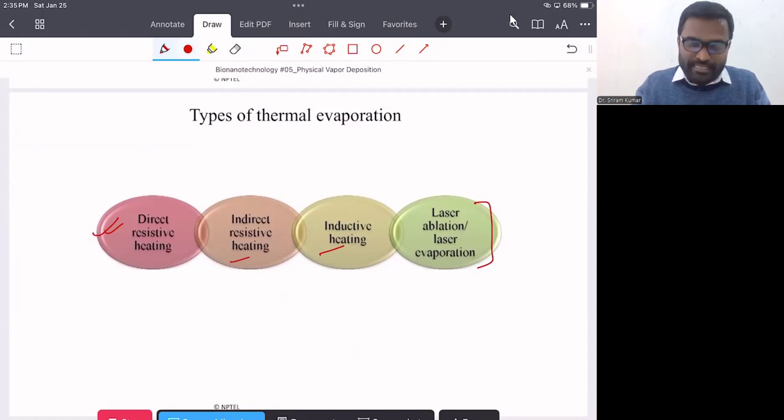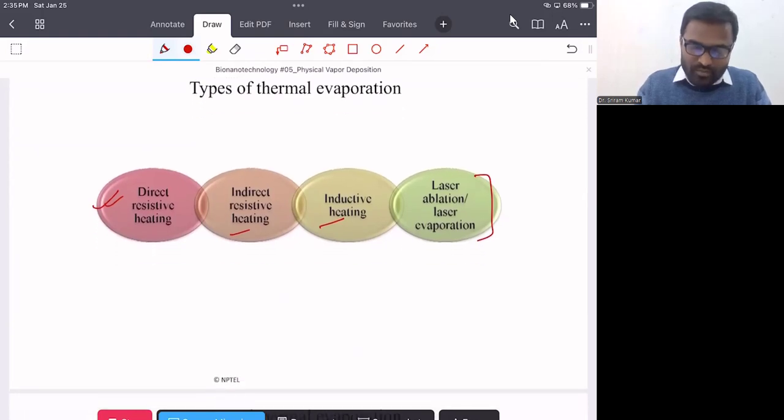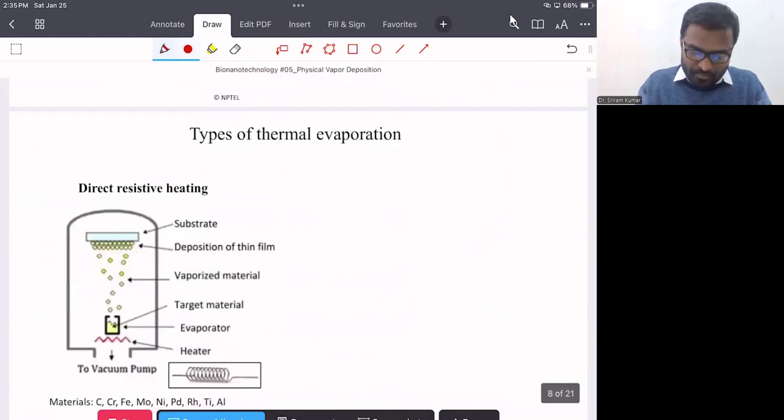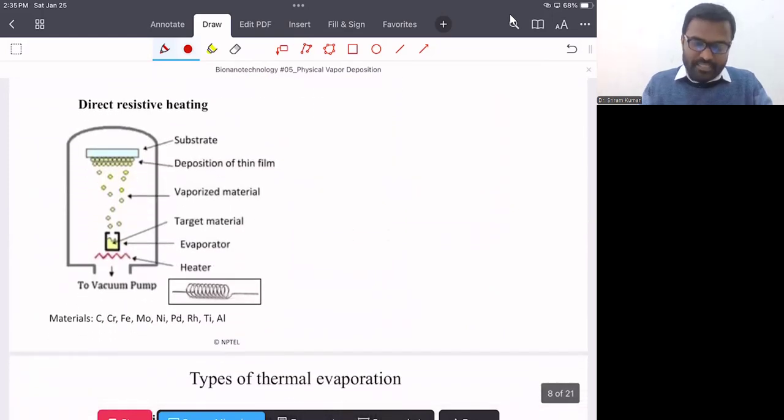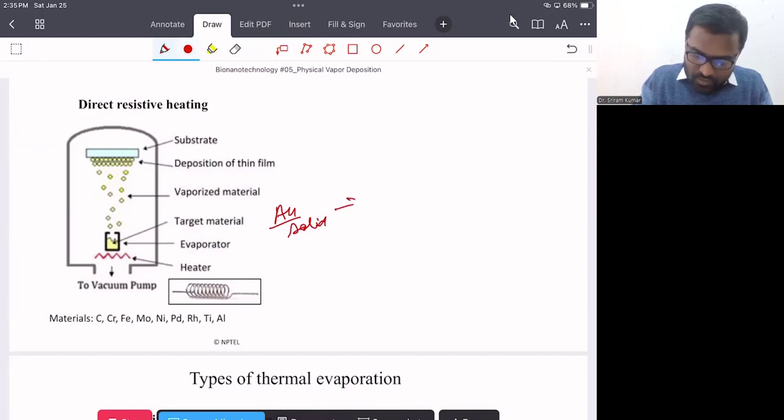So now let's understand what these heating methods are. In direct resistive heating, suppose we want to convert that gold solid material into the vapor phase. What can we use here?